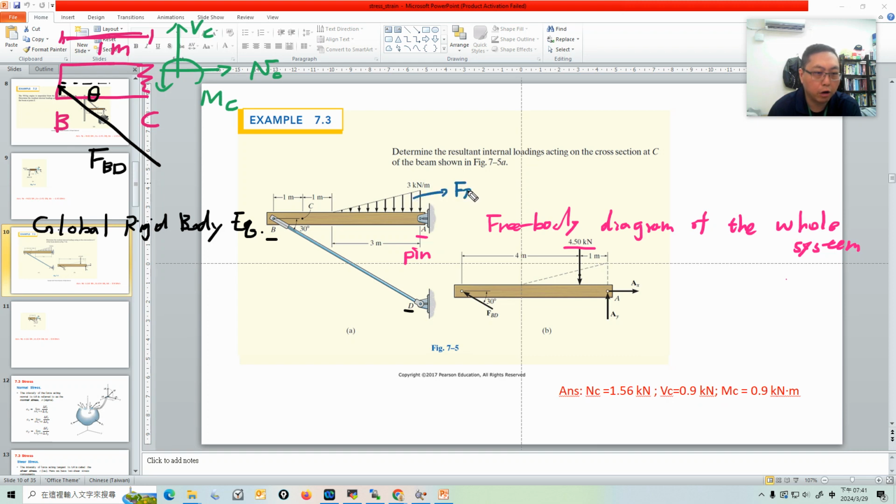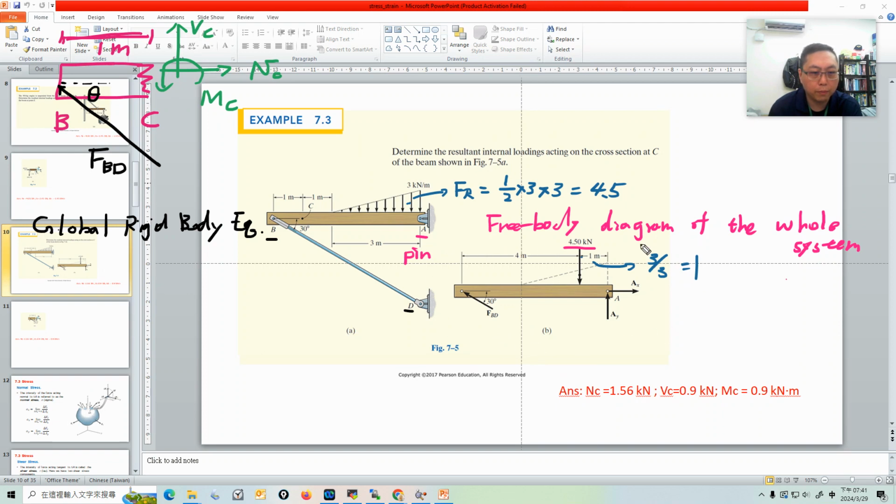So FR is equal to 1/2 times 3 times 3, so it's 4.5. And the position of the resultant force: because it is a right triangle, the centroid is here, and this distance here is 3/3, equal to 1.